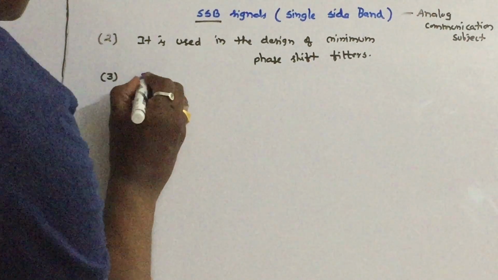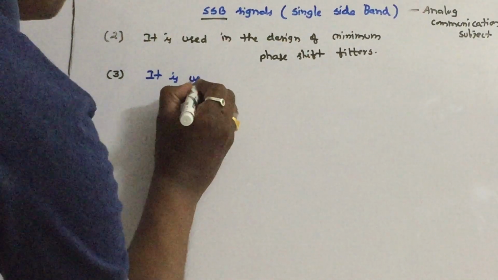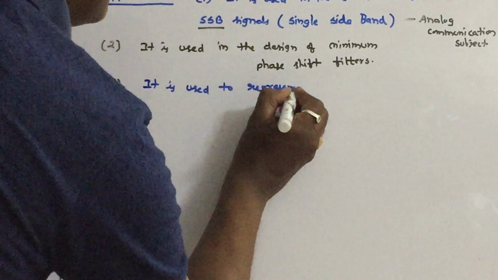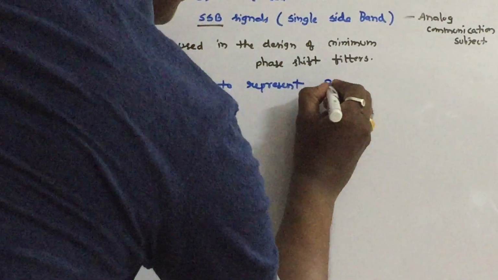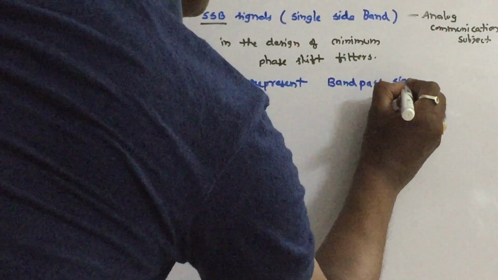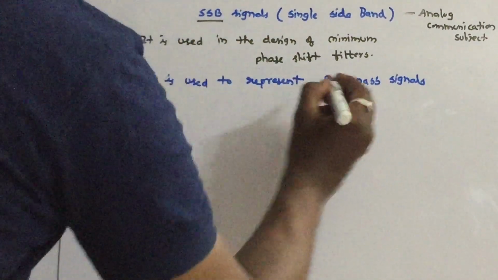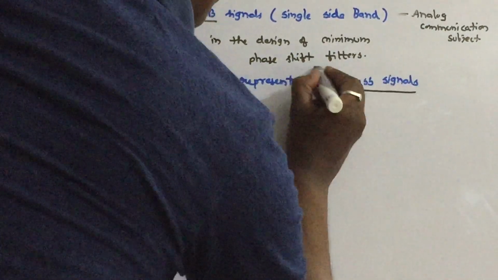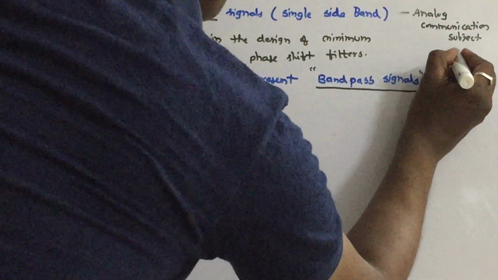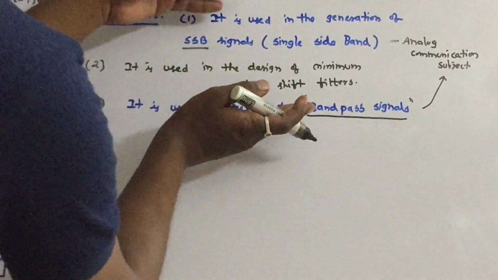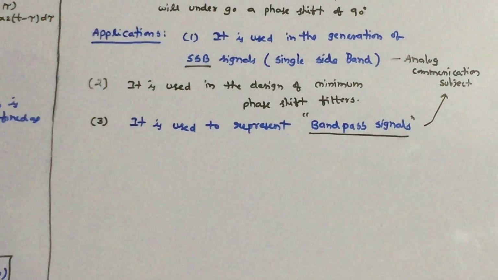It is used to represent band pass signals. In the representation of band pass signals, we use the Hilbert transform. Again, it will come in the analog communication subject. These two points, first and third, are very important.